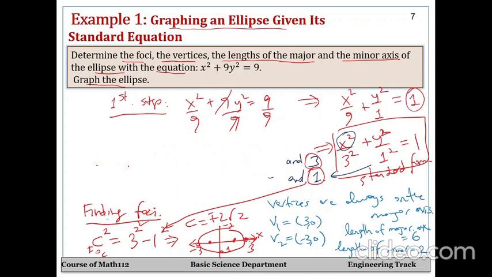So the foci will be here, F1 and F2. We know c is square root of 2 and minus square root of 2. So the foci have to be on the x-axis, so they are (square root of 2, 0) and (minus square root of 2, 0).